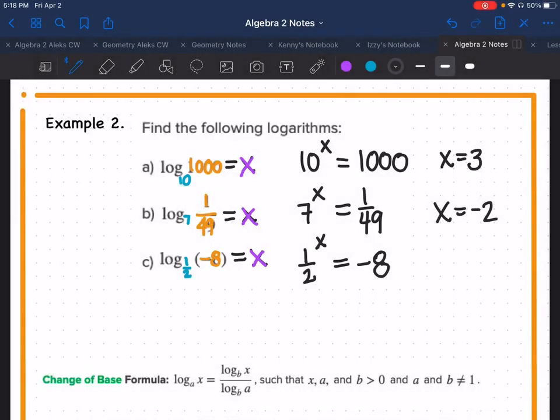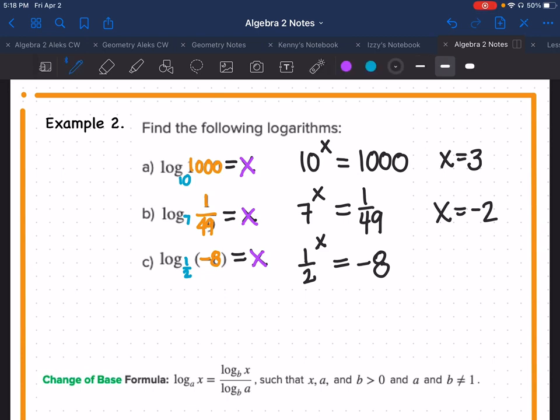Nope. Now, the last one, we have a base of 1/2 raised to a power, but this power is giving us a negative number. There is no solution for this one. There's no number that I can put into Desmos. We could try them all, that is going to give me a negative number when I raise a base to a power.